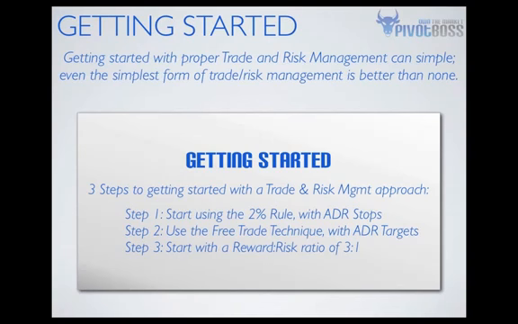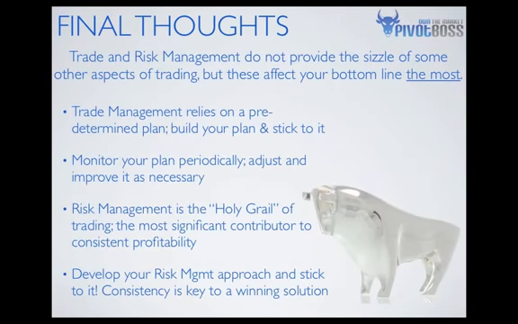So make sure the ratio is there and stick with it. But if you follow these 3 steps, you're on your way to profitable trading, to responsible trading with proper trade and risk management. So here are my final thoughts.